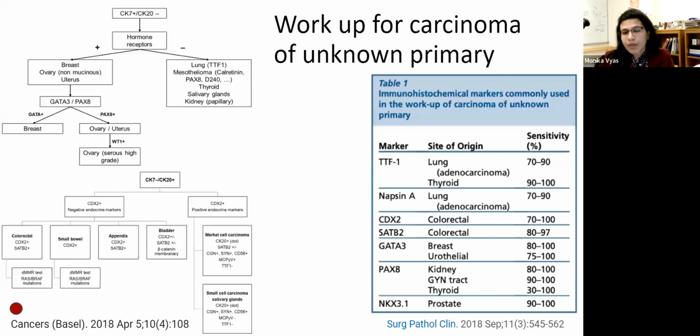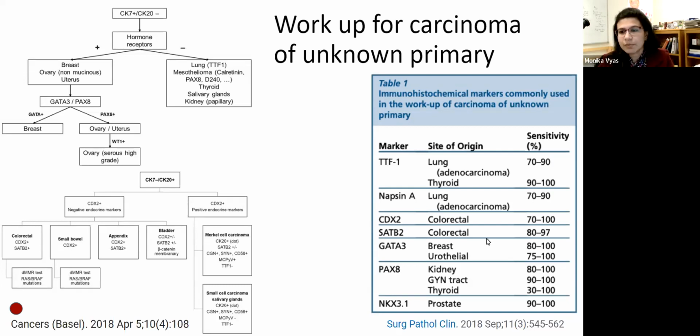So when we get these cases with metastatic carcinoma involving the peritoneum or pleura, the workup undertaken is for an unknown primary, right? Our basic stains start with CK7, CK20, and CDX2, and then we throw in some other organ-specific transcription factors.